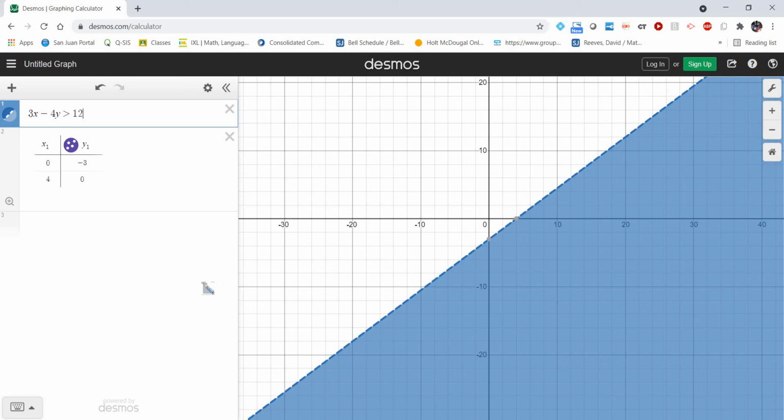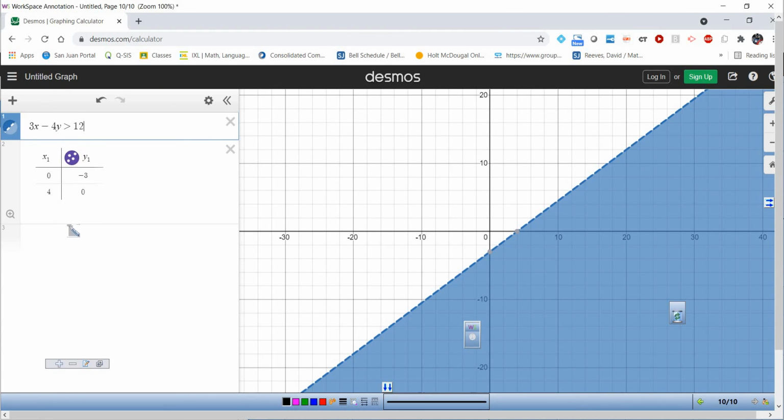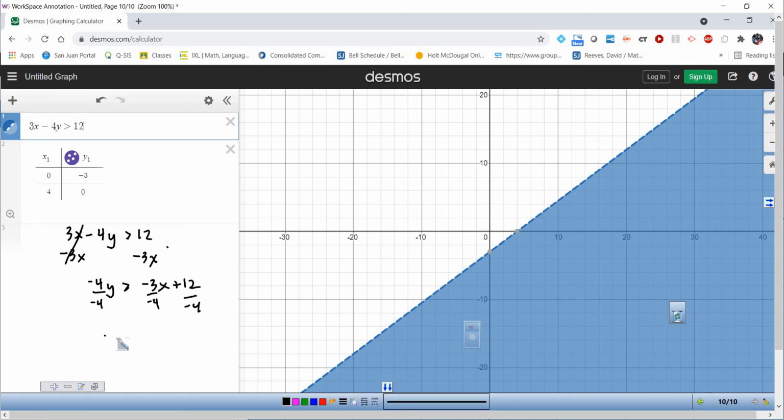And I would be remiss not to tell you that, if you prefer, you could take any equation that is in standard form and solve it for y. This is why we did that lesson on solving for y. So if I wanted to, I could subtract 3x from both sides, and get negative 4y is greater than negative 3x plus 12. And then I could divide by negative 4. And remember, when you divide an inequality by a negative, you must reverse the inequality sign.